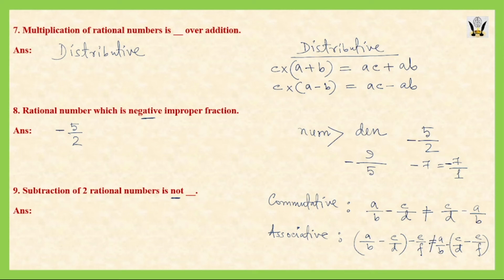These two are not the same. So subtraction of rational numbers doesn't obey commutative and associative laws. So here the answer will be: subtraction of rational numbers is not commutative. Either commutative or associative we can write, so anything will be correct.